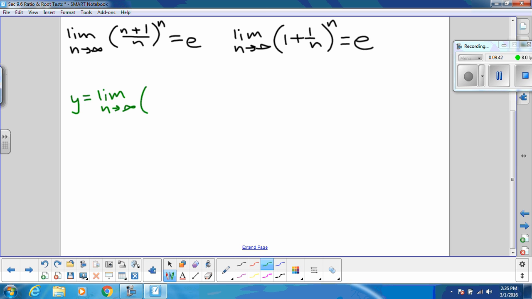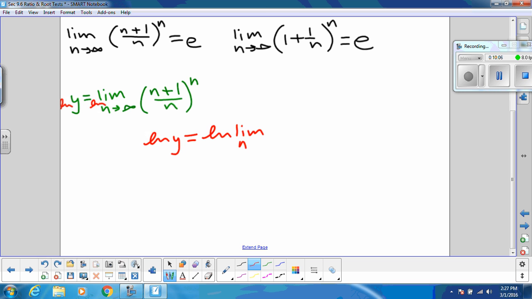I'm going to use this way of writing it. So what we're going to do is take the natural log of both sides. Remember this? I think we did this once way back in first semester.